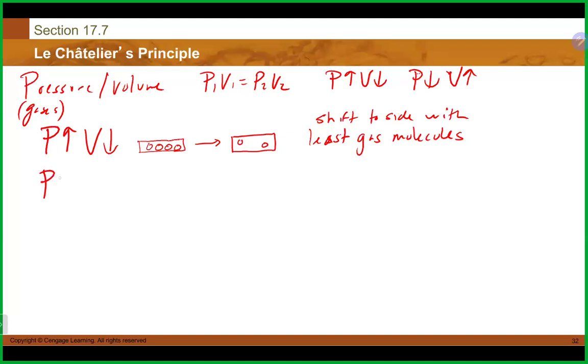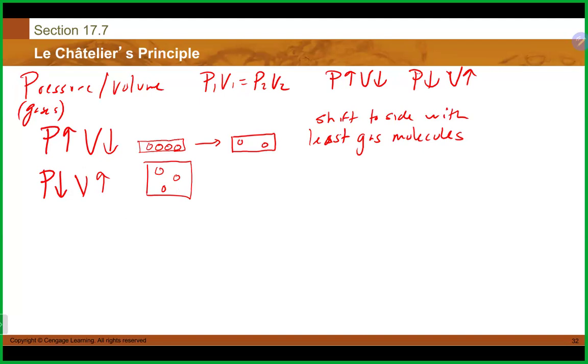The opposite is true if we lower the pressure but increase the volume. Now we have a situation where our gas molecules have a lot more room to fly around in. What that's going to do is decrease the number of collisions that occur, and that's why we see the pressure start to come down in this case.